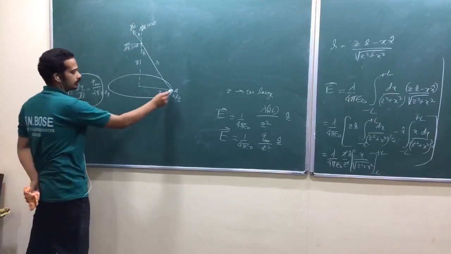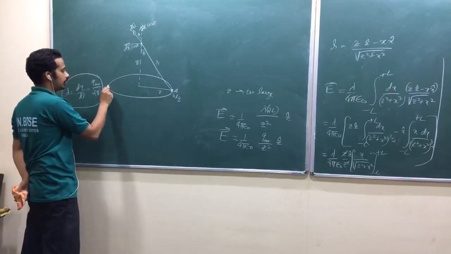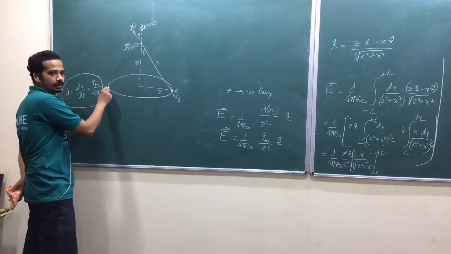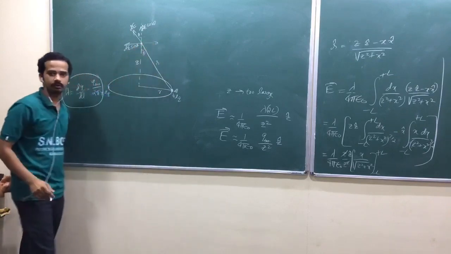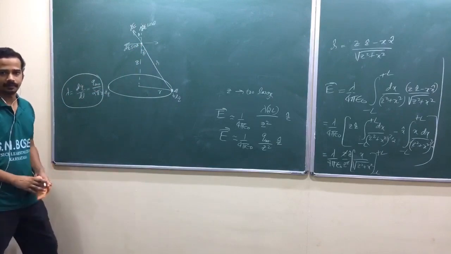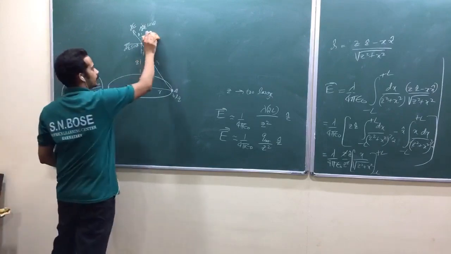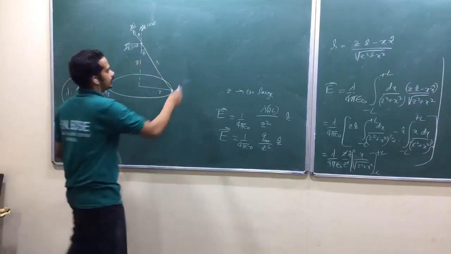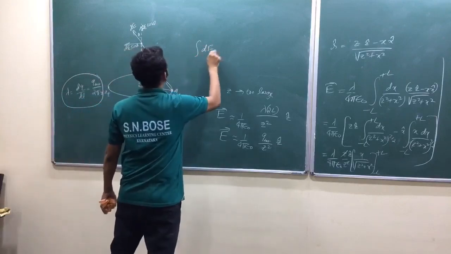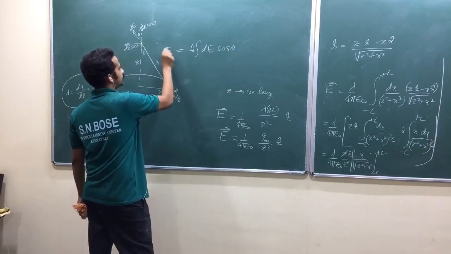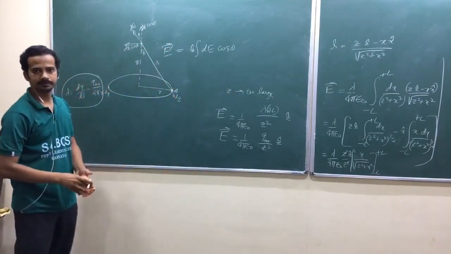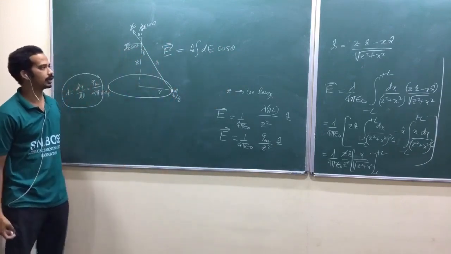Why? For this element, there exists another element at the exactly opposite side of the loop, which will give again dE sin theta in the opposite direction. I hope you got that idea. Is that okay? So that's why you can just integrate dE cos theta, then put z cap if you want it in terms of vector. Horizontal components will get cancelled.